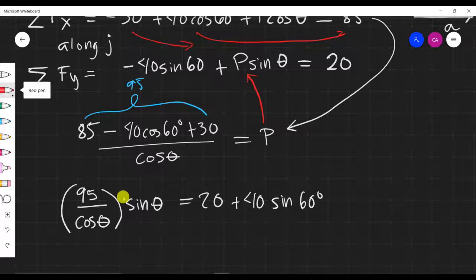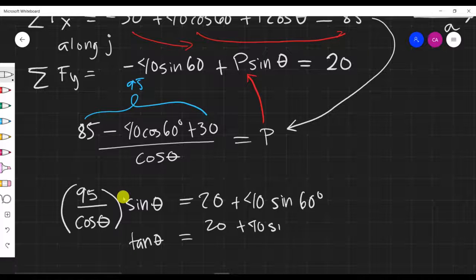Bale, ang ginawa ko dyan sa second equation natin, itong una, nilipat ko sa kabila kaya naging plus 40, then isinubstitute ko na yung P kaya naging ganito itsura. So lumalabas na yung sine over cosine is tangent theta is equals to 20 plus 40 sine 60 degrees over 95.